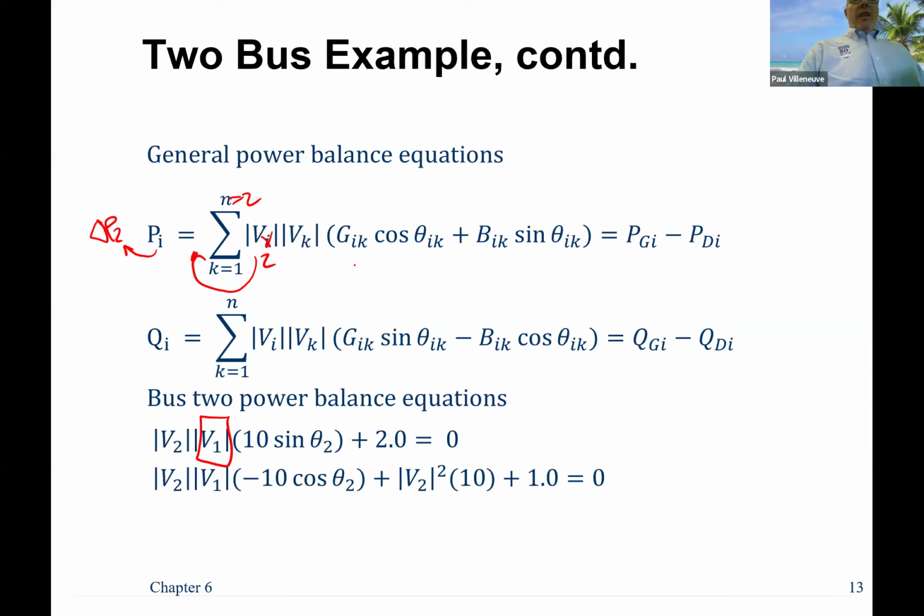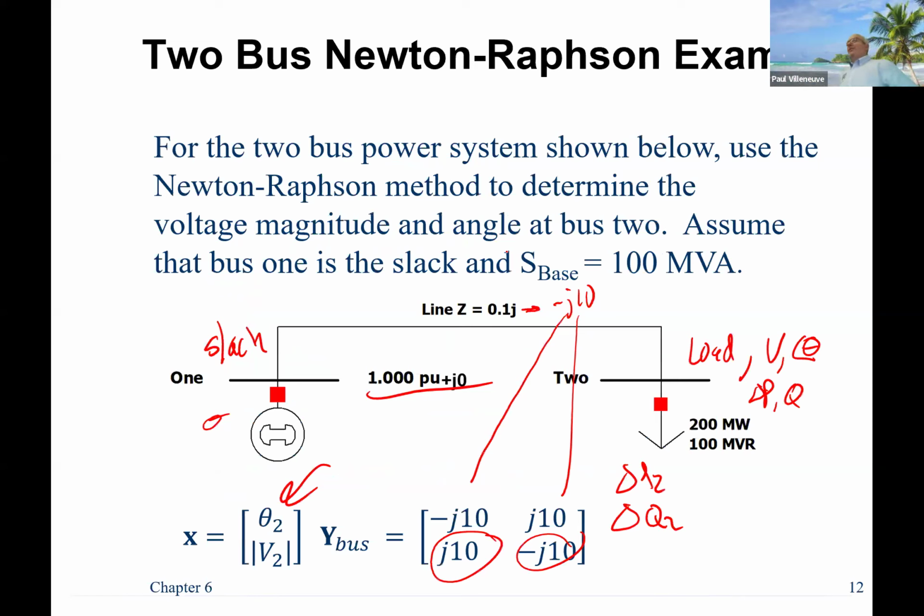All right, now I got to go and get G and B from my Y matrix. What are G and B out of Y bus? Give me G first. G, I, K, which in this case is 1, 1. What is Y, 1, 1? What is G, 1, 1?